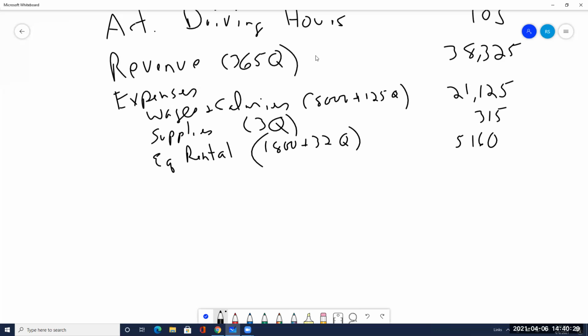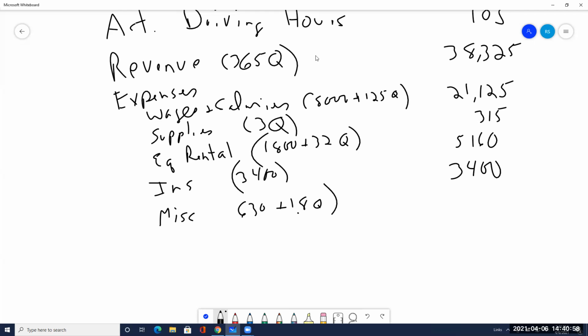Then we have insurance. That's a flat 3,400, so that's one of our fixed costs. We have miscellaneous, which is 630 plus $1.80 times Q, which is 819.